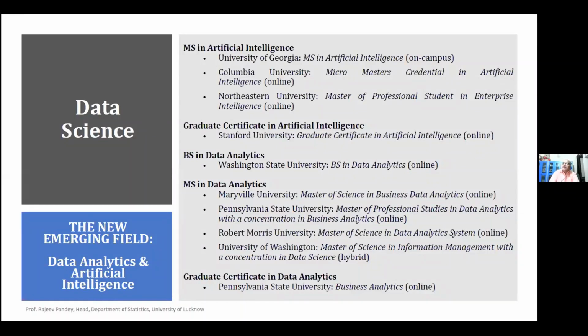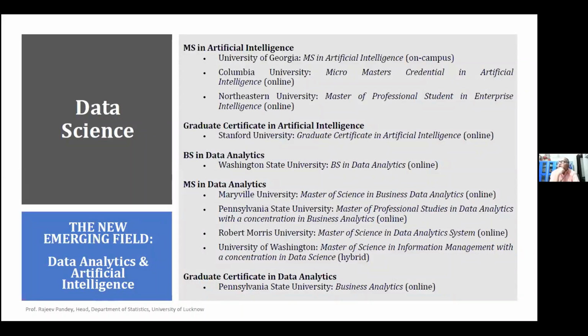Washington State University is also offering an online program, BS in data analytics, and MS in data analytics. Marymount University has a Master of Science in Business Data Analytics online program. Peninsula State University has a Master of Professional Studies in Data Analytics with a concentration in Business Analytics online program.